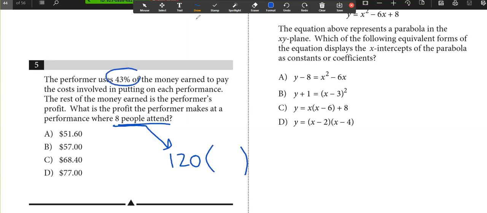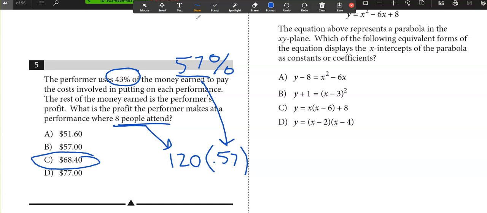So if you have to give up 43%, what percentage do you get to keep? 57%. That's 57%. And so what decimal are you going to multiply by? 0.57, because you just change it from a percentage to a decimal. Type it on the calculator and you get $68.40.